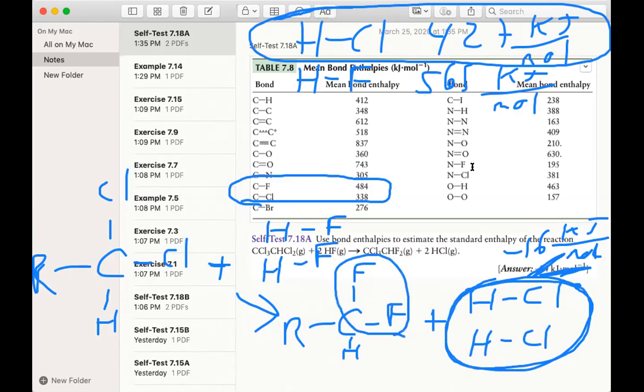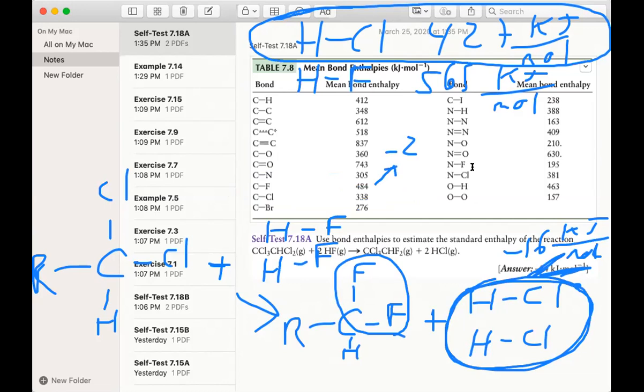So you got to take this particular value here, and you multiply this guy by -2, because you're forming two of that guy. So that's what goes into your products. And then your reactants, right? You have two of these guys, times 2, and then get rid of that circle.